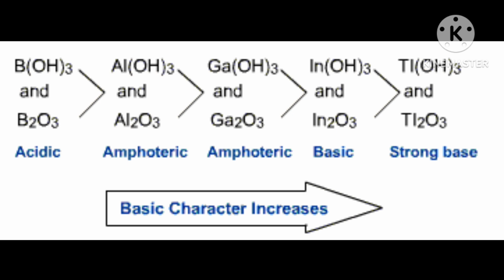Now understand the explanation. Standard electrode potential values for the two half cell reactions suggest that aluminum has a high tendency to make aluminum 3+. It has more tendency to lose the electron in aqueous solution, whereas thallium 3+ does not have so much tendency as aluminum.